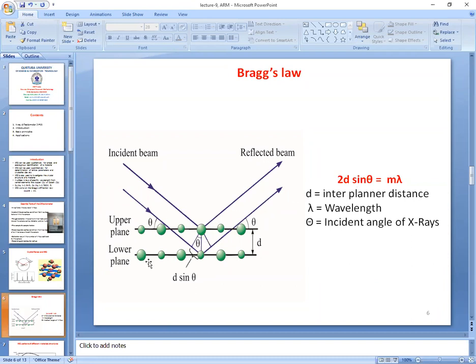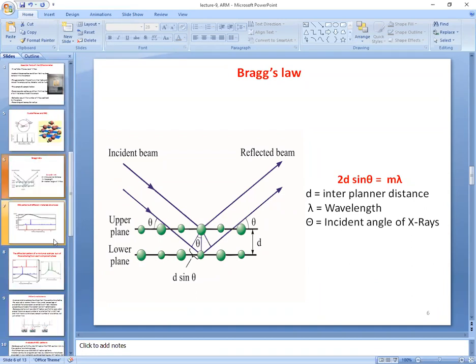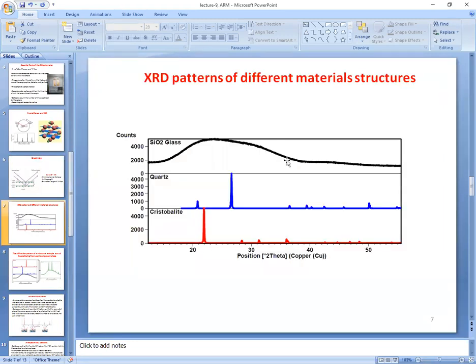Okay, so how does it work? We obtain XRD patterns from different materials, like this silica glass, this quartz, this cristobalite. The formula may be the same, but the crystal structure may be different from each other.